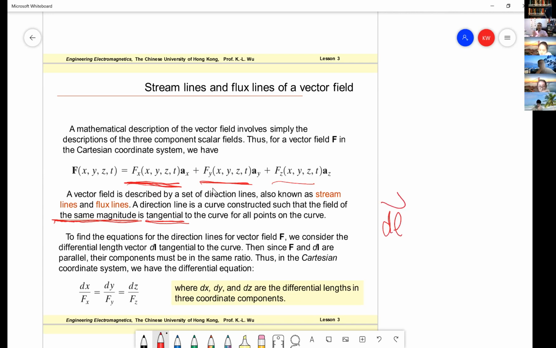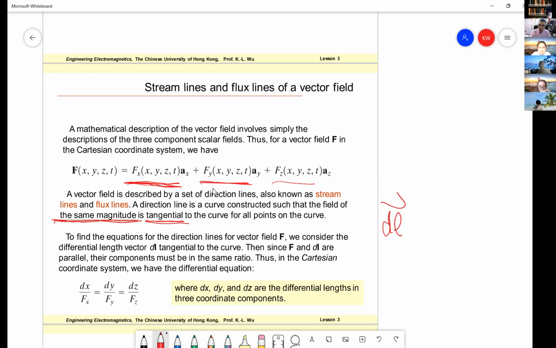Because this is tangential, it is in the same direction as our dl, the differential length. So dl is important. dl is the tangential direction of a curve at a particular point, and it is in the same direction as my field.